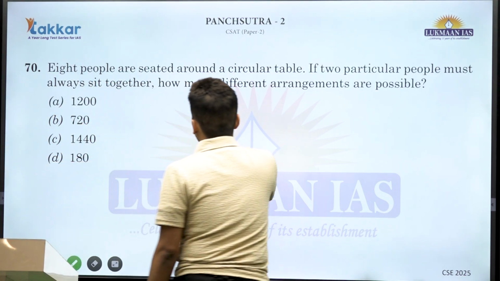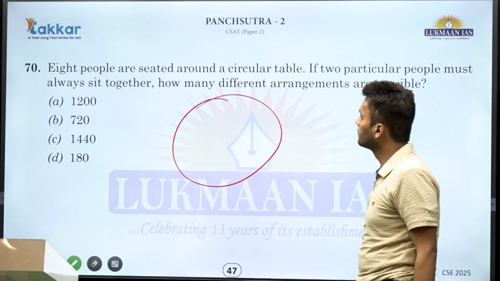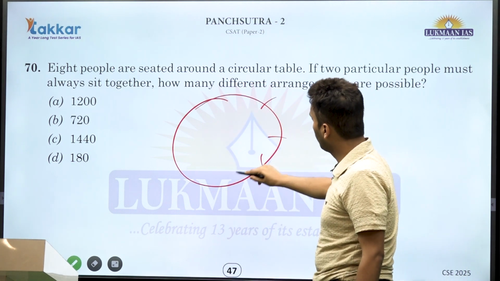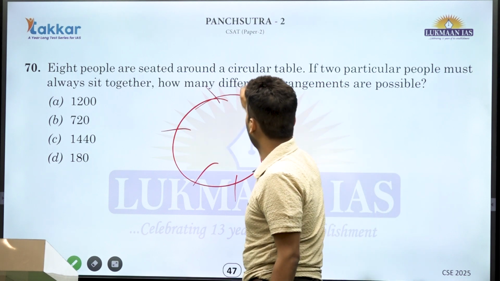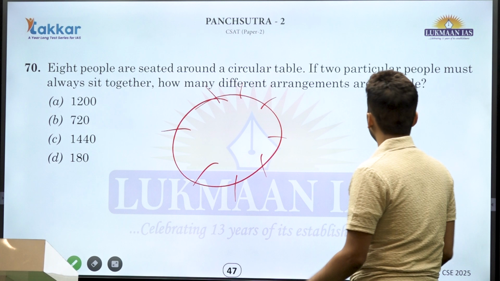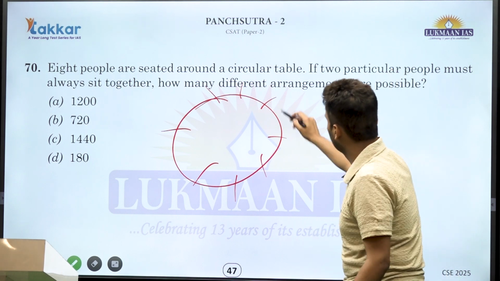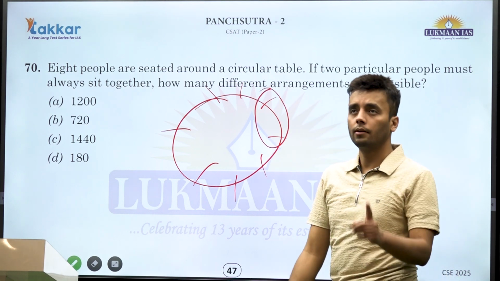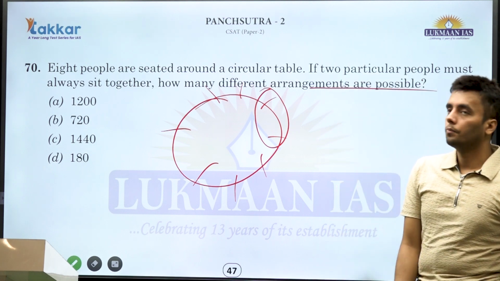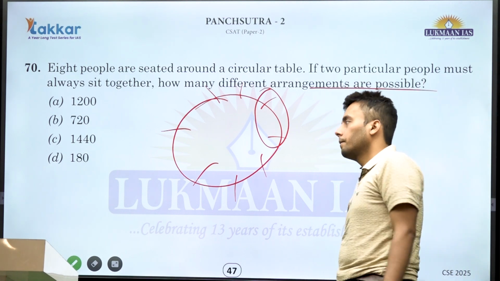Now the circular table, and there are 8 people. 1, 2, 3, 4, 5, 6, 7, 8. And it is given that 2 people must always sit together. Suppose these are the 2 people, and how many ways can they be arranged? So how many units are there?